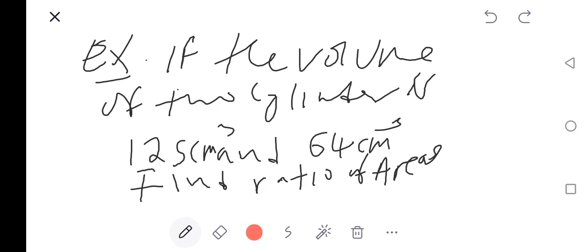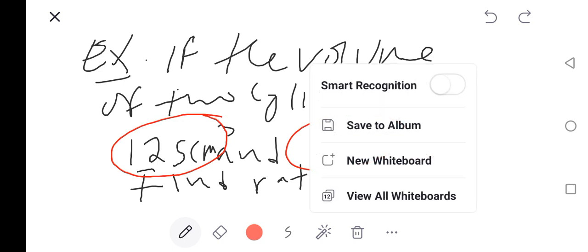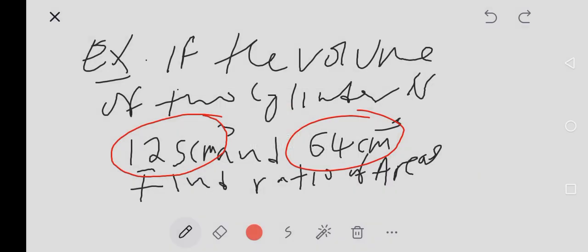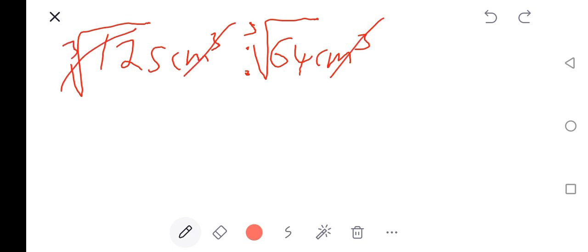What have we been given, Madam Jane? 125 and 64. Are you there? 125 centimeters cubed to the ratio 64. Volume goes with cube root, then cancel together with the centimeters.